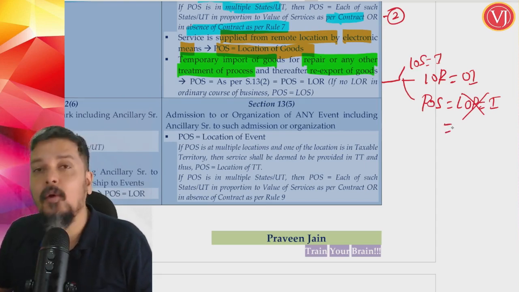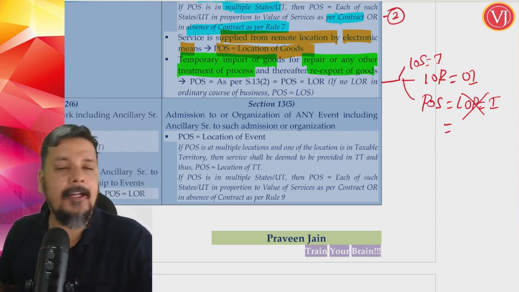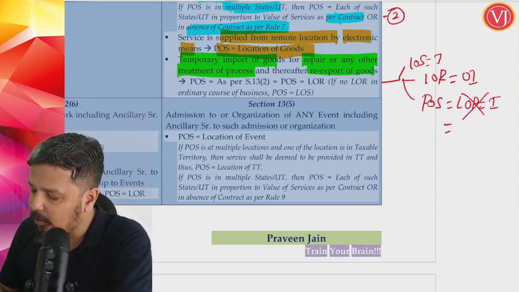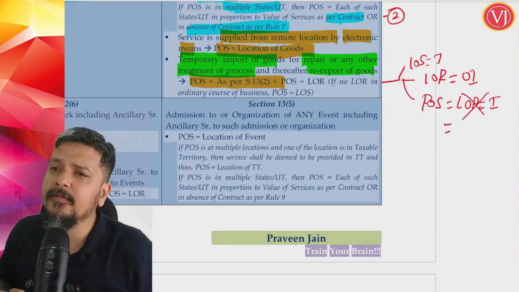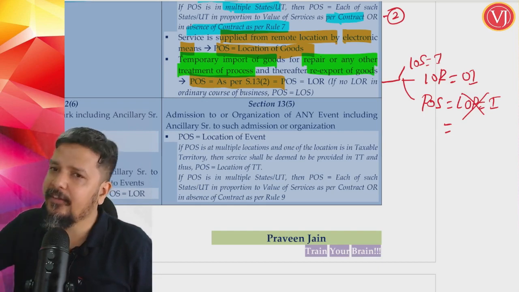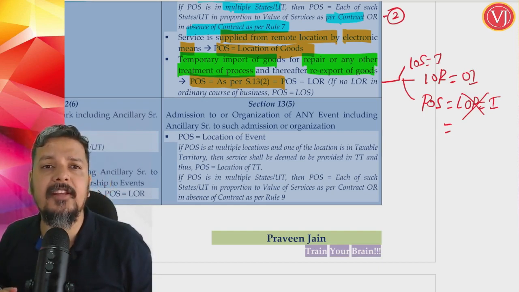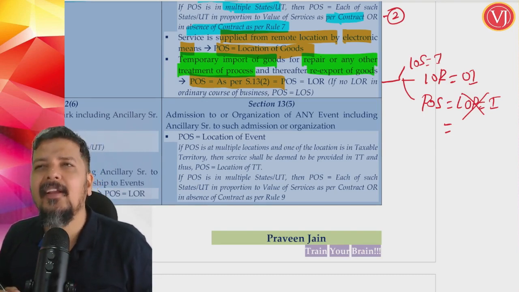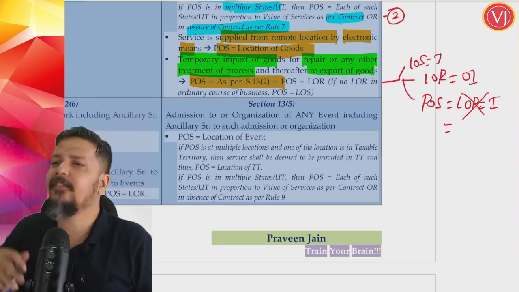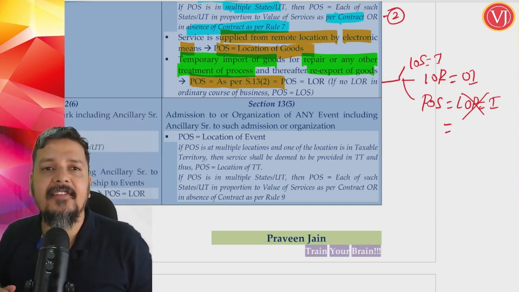Therefore, they tell that go with residuary provisions. They don't give an answer here. They tell that go with residuary provision. Now, what is residuary provision talking about? If you go back to residuary provision, what is residuary provision talking about in section 13? Location of recipient. If not available, then it is location of supplier. But what is the prima facie answer?